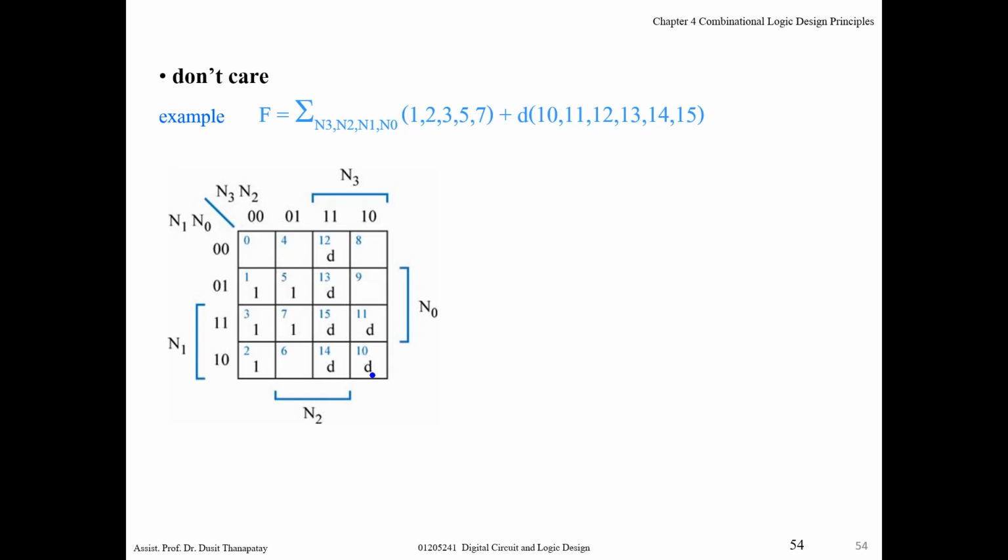Now let's consider finding the function from this Kmap. Of course, I must select all of the logic 1 outputs, right? At first, I select these 4 cells, and the corresponding product term is what? 1 here, and 0, and 0 here, so 0 and n3 prime, right? Of course, I must select this logic 1 also.